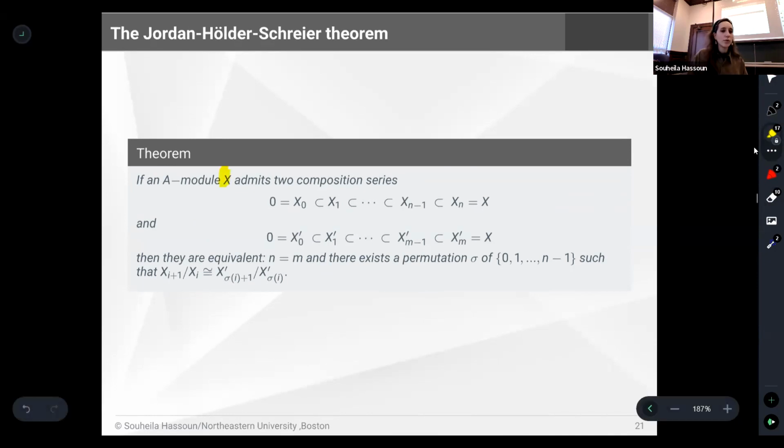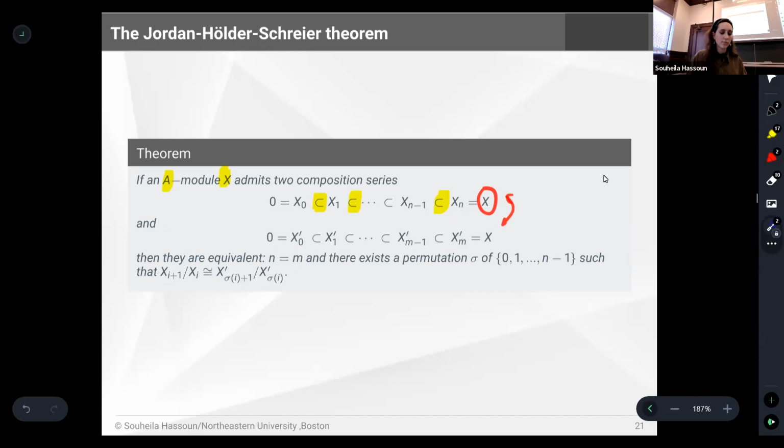If you take a module over a finite dimensional algebra, then for any two composition series, with these inclusions being monomorphisms, injections, of the same object, the composition factors, the quotients between successive terms, will be the same up to permutation.